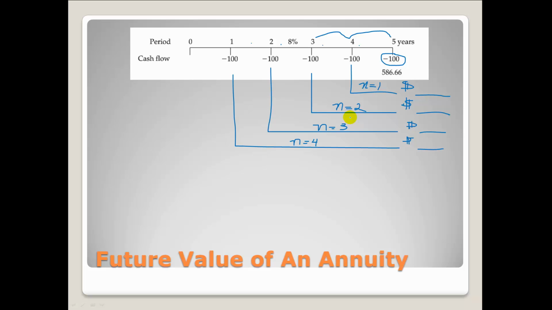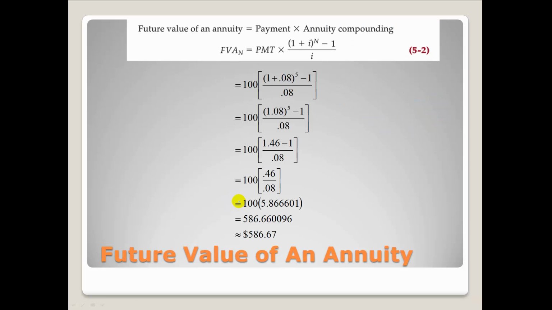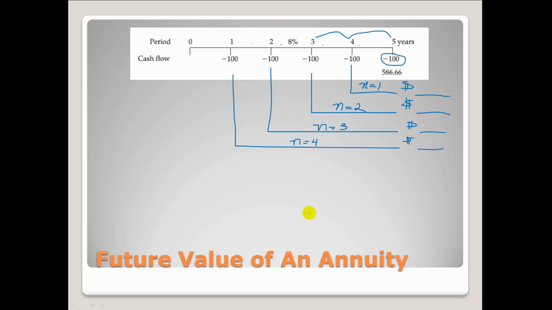In this way, we can calculate this using the future value calculations. We can calculate each one and add them together. But for the sake of simplicity, I want you to take a look at this calculation, 586.67. Okay, hold on. Let's go back and finish up this timeline.